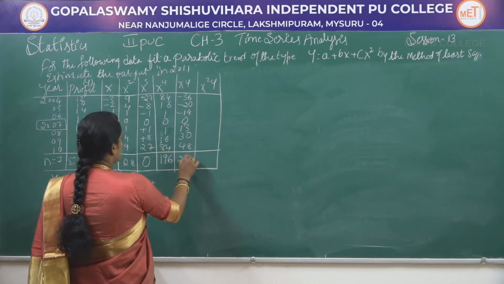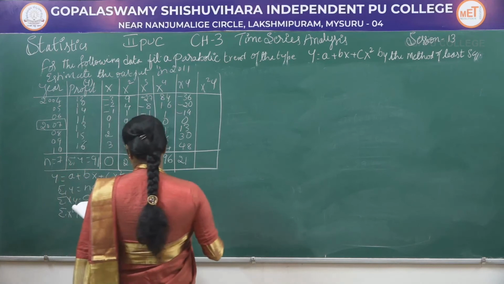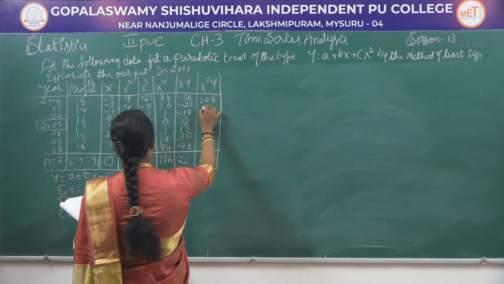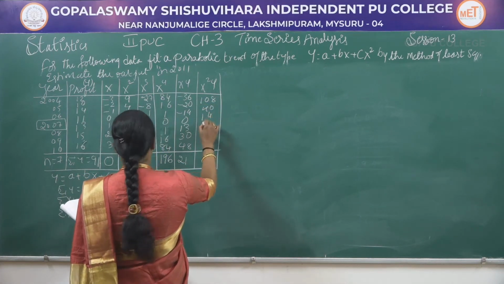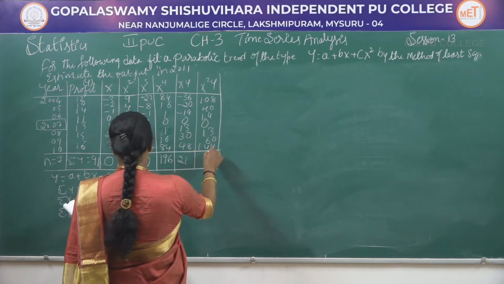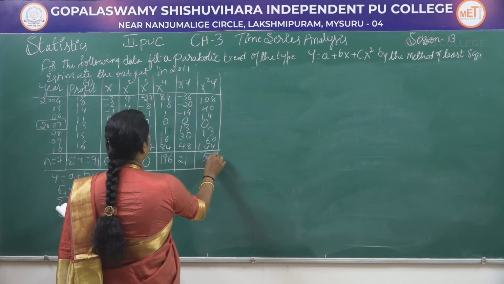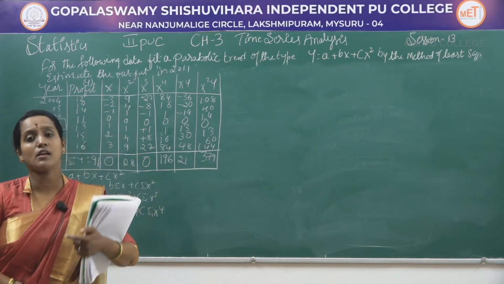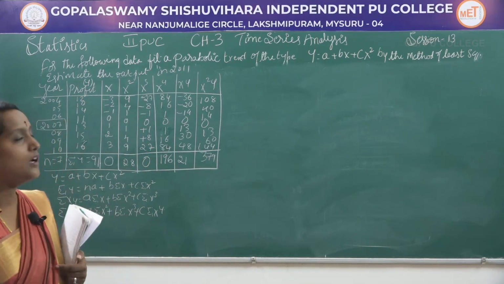This total is 21. Next x square y, it is 108, 40, 14, 0, 13, 60, 144. It is 379. Okay, so we have completed the table.